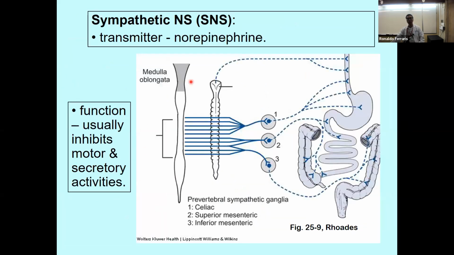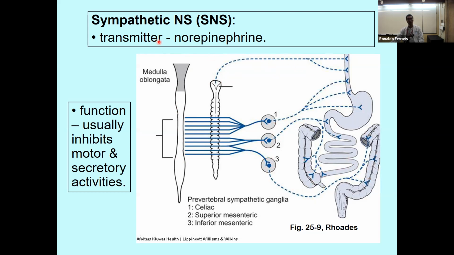Then the second part is the sympathetic nervous system. As you know, they always work together; one opposes the other. This is the thoracic lumbar part of your spinal cord, and these are the ganglia that innervate the GI tract with sympathetic nerves.